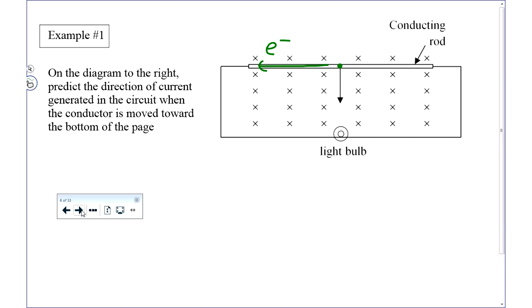So that means that electron flow in this circuit is in this direction. And if you wanted to know the direction of conventional current, you would just switch that direction. So the electrons here are flowing, generally speaking, in a counterclockwise direction as long as the rod moves.